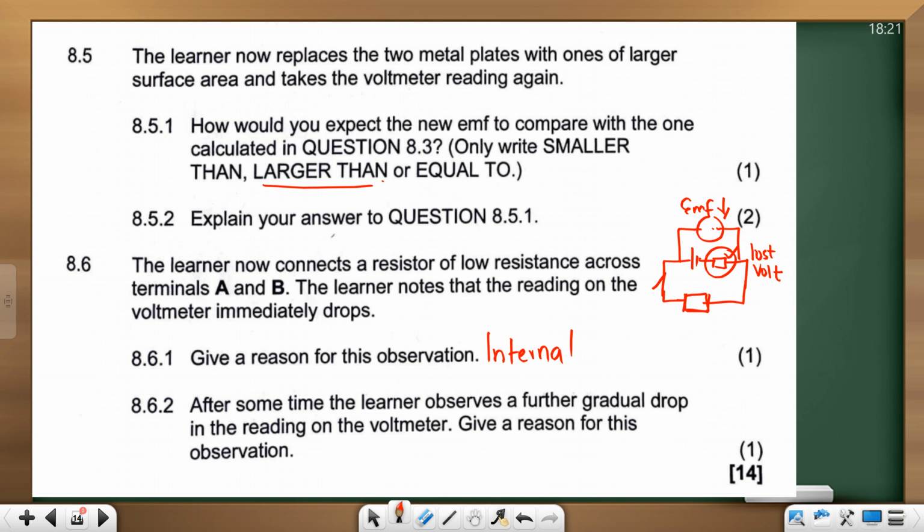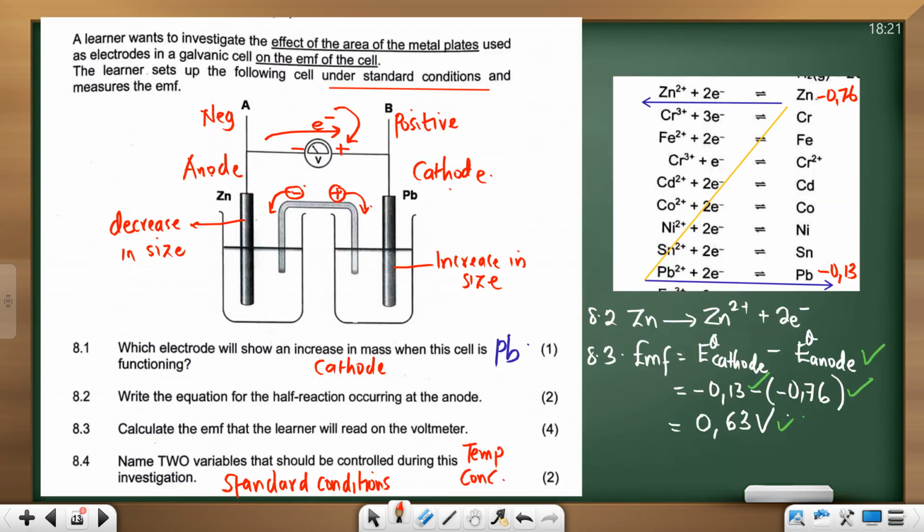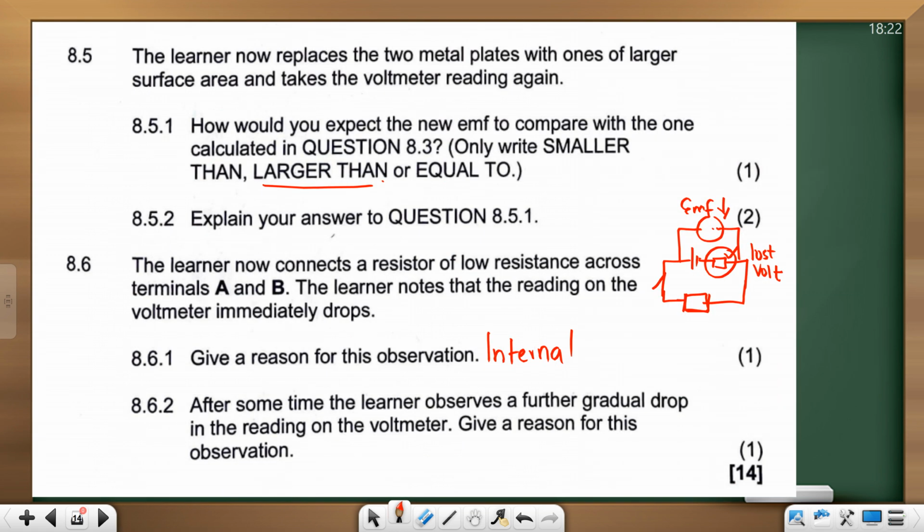By the way, guys, please don't forget that this whole thing is a battery. It's a cell. It's a galvanic cell. So whatever you did under Ohm's law comes in here. So what happens? Internal what? Resistance.